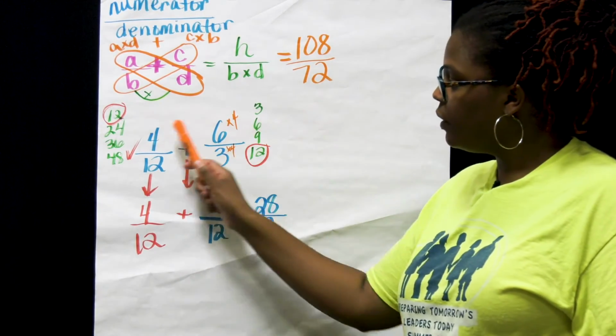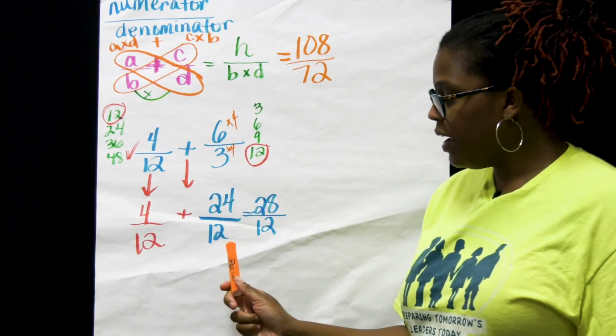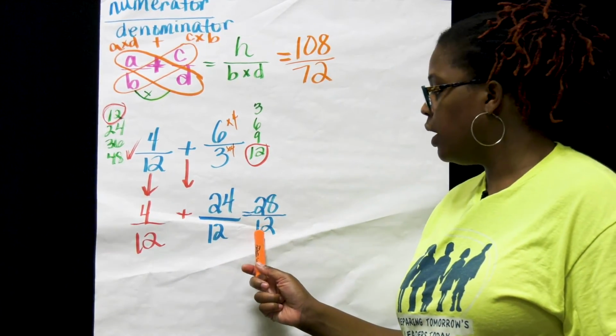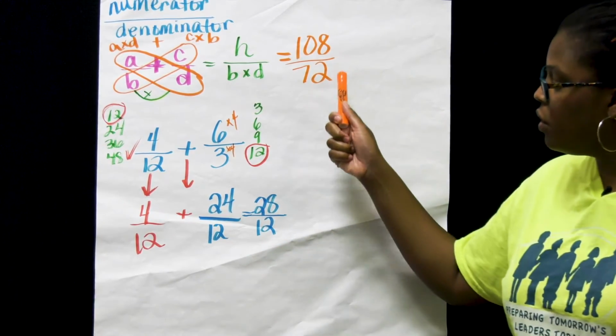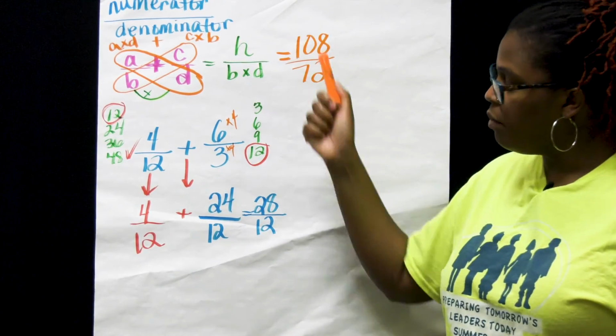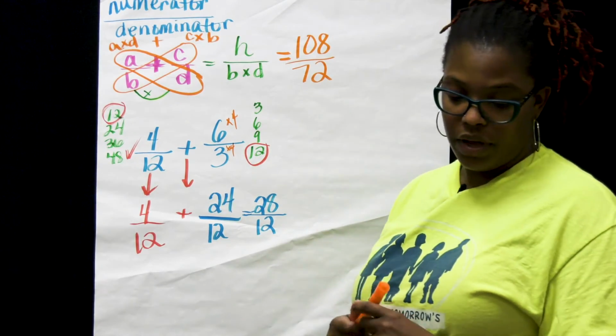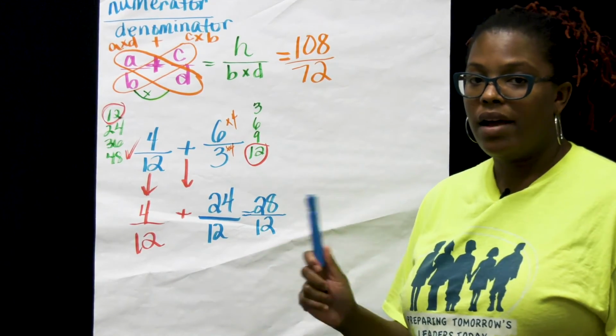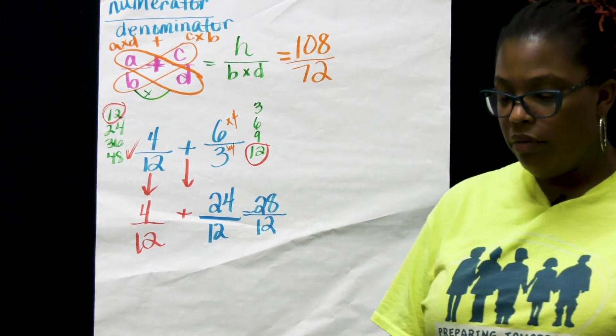But if you use the old-fashioned way, more than likely you would see this answer. Or if you have one of these, called improper fractions, you could simplify and reduce, finding a number that they have in common. But I won't get into that.